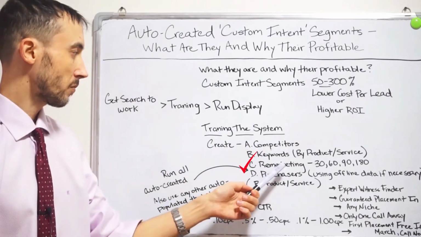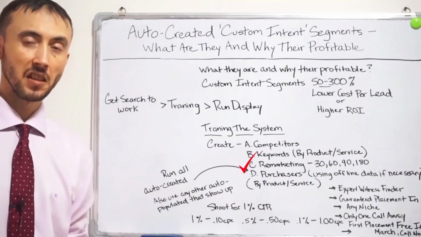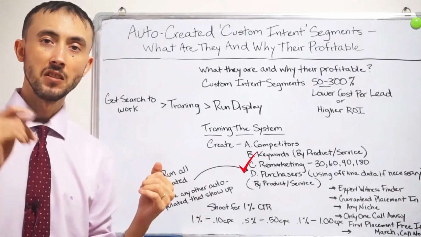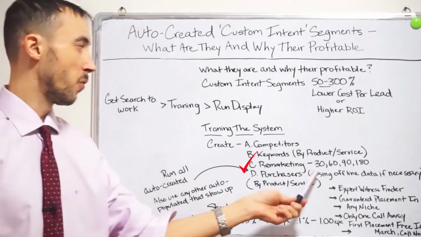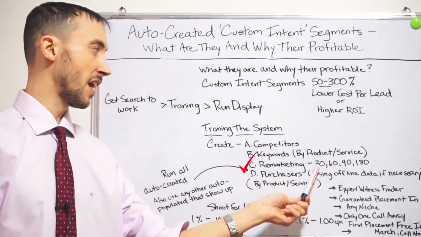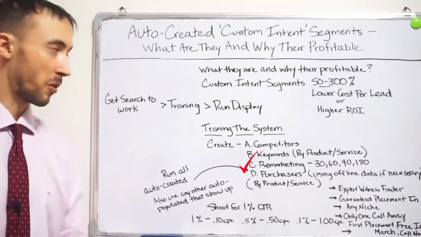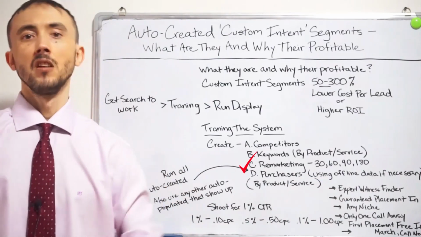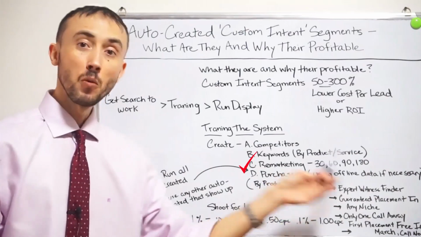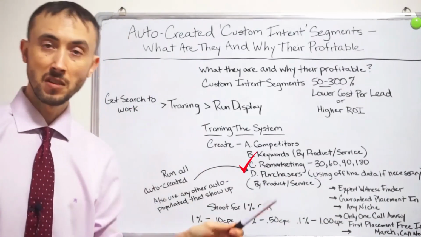Third, remarketing. You're going to set up several remarketing audiences that are going to spring off these auto-created custom intent segments, of which I recommend you do 30 days, 60 days, 90 days, 180 days. And going one step further here again, if you have different products and services, you're going to want to set up 30, 60, 90, 180 for each product and service that you have.